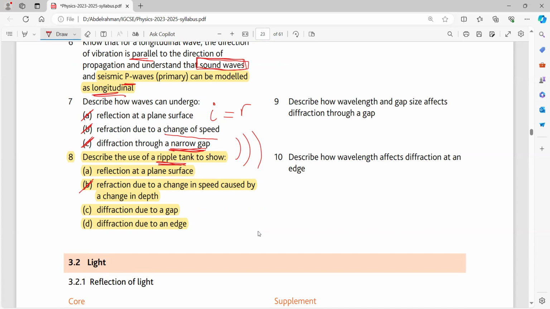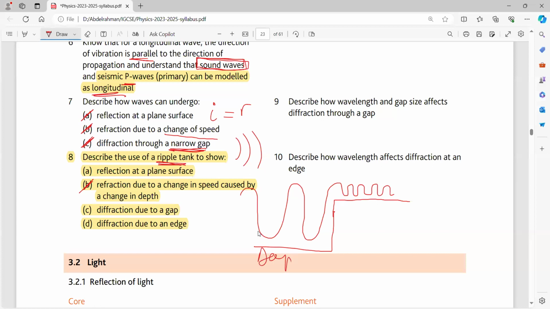For example, if you had a deep end and a shallow end, you would have a large wavelength in the deep end, and moving on to the shallow end, the wavelength will decrease.